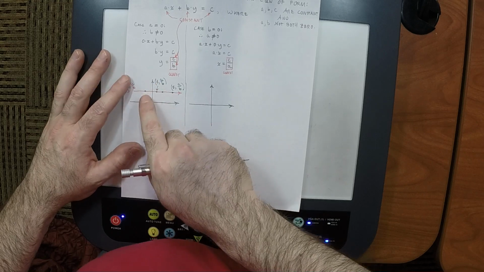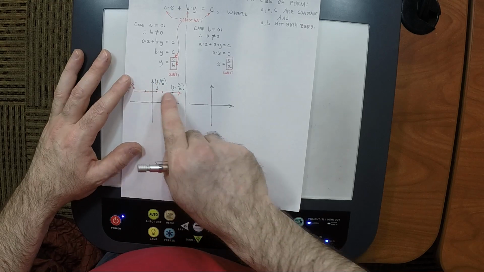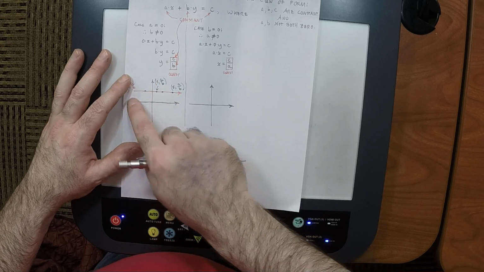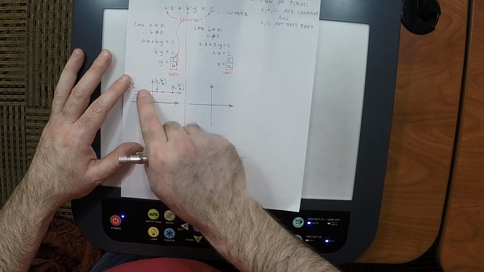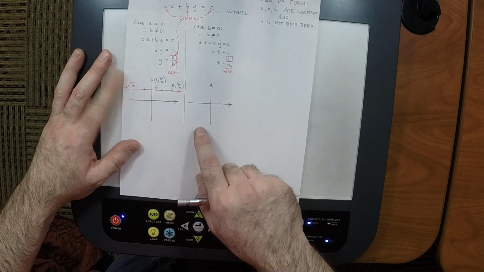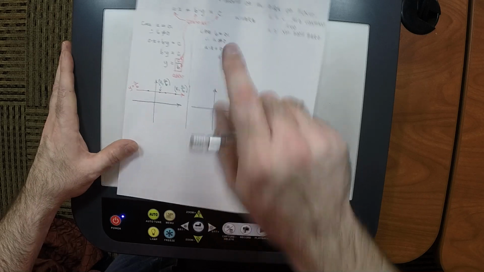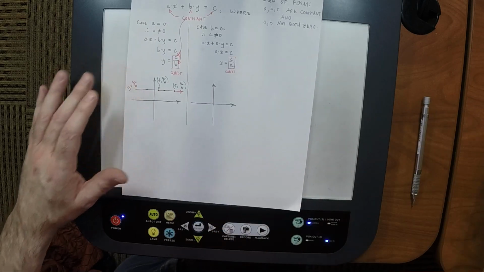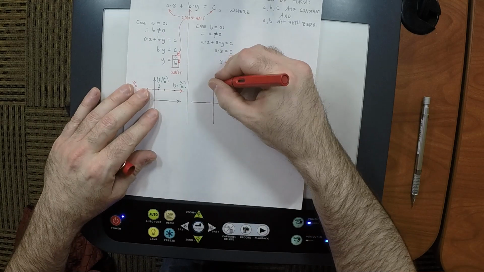So, instead of all the y coordinates being the same, like this, now it's going to be all the x coordinates are the same. So what kind of line will we have here? Yeah, a vertical one, as you say. So maybe something like this.